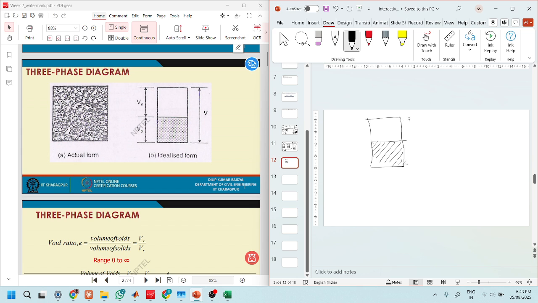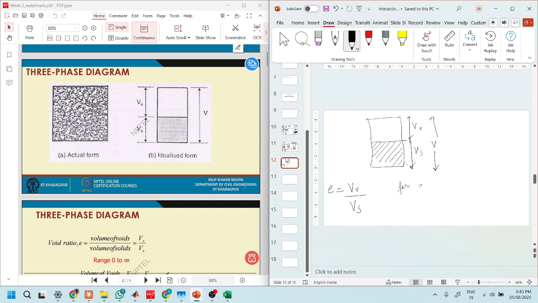So this will be the volume of voids, this will be the volume of solids, and this will be the total volume. Let us say your void ratio e is equal to volume of voids over volume of solids.